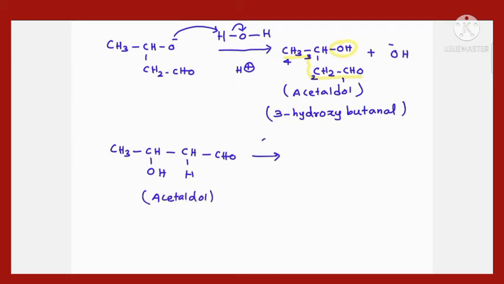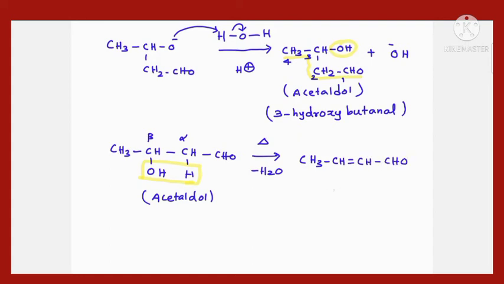Now when this compound is heated, it may readily lose a water molecule. Which means that H from the alpha carbon and OH from the beta carbon are removed as a water molecule. Actually this is the alpha carbon, this is the beta carbon. As a result, you get a new bond between the alpha and beta carbon, which gives a product of formula CH3 single bond CH double bond CH single bond CHO.